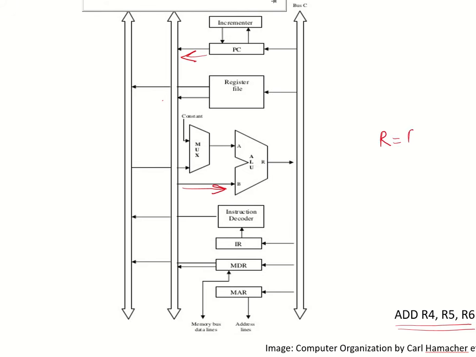R equal to B will select this input and pass it on to the memory address register through bus C. The memory read operation will be initiated.